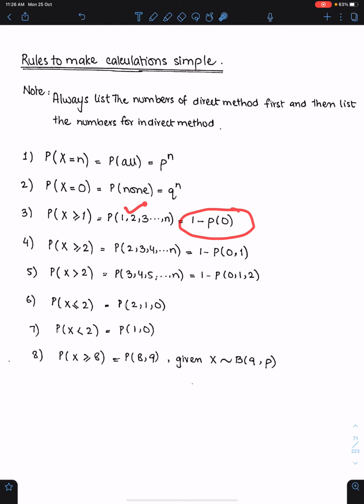First list the numbers of the direct method and then list the numbers for the indirect method. And how to list the numbers for the indirect method? We write those numbers here which are not in this list. See, these are the values of x, and I told you x starts from 0. So at least one head means one head, two heads, three heads, or n heads. So this number is not in this list.